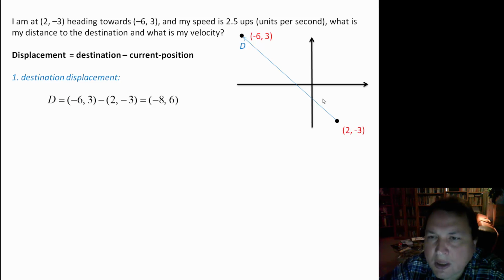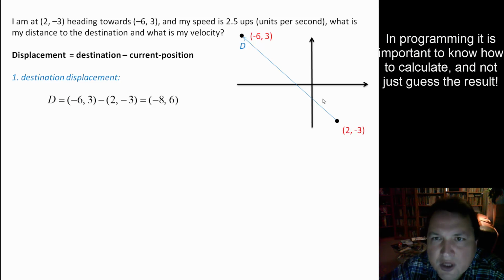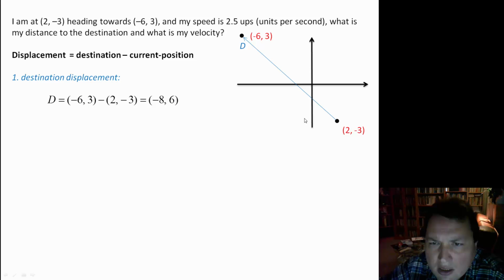Graphical solutions are not applicable for computer-based applications, so we have to calculate everything, but still it's a good idea to compare the result, -8, 6, with this picture, 8 units to the left, 6 units to the top of the drawing, just for some verification of the result. This result looks reasonably good in this case.